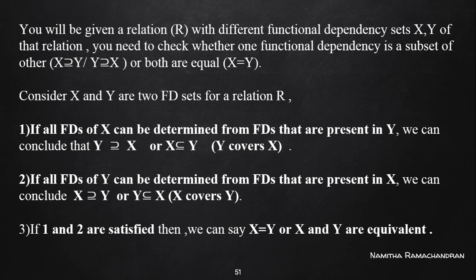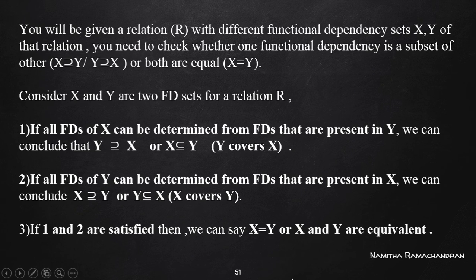After checking whether Y covers X and whether X covers Y, we can consider this: if both 1 and 2 are satisfied with the given sets of functional dependencies X and Y, then we can say X equals Y, or X and Y are equivalent functional dependency sets.